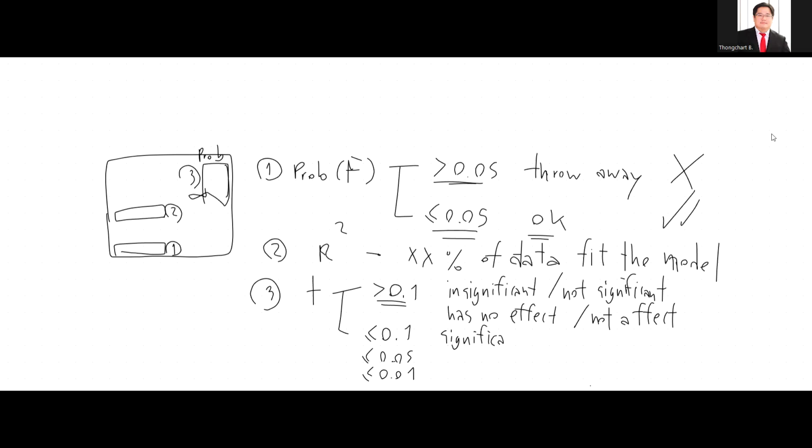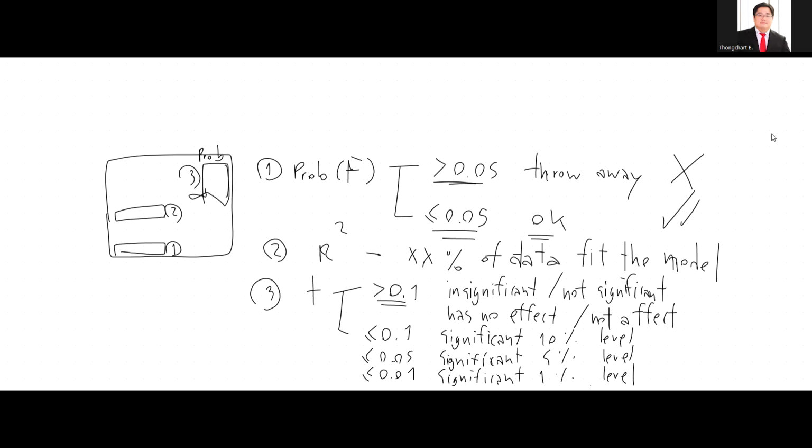But they are significant at different levels, right? This one is significant at just 10%. This one is 5%. And the last is 1%. Okay, clear?